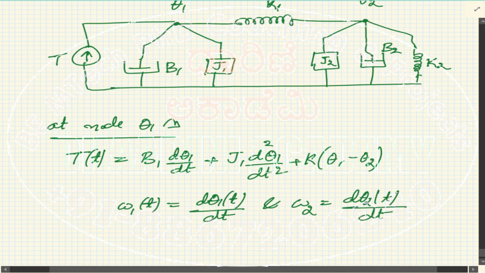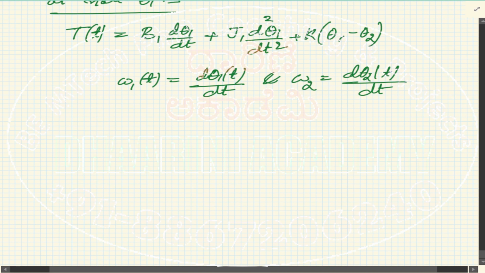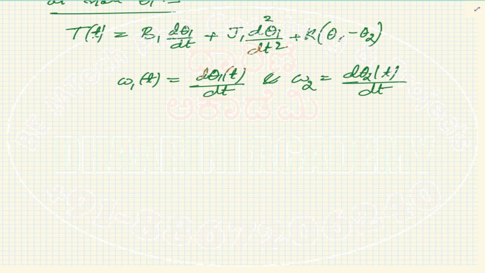So corresponding to the angular velocities of those masses, inertia, sorry, not mass, which are connected. J1 and J2 will have the angular velocities like this.